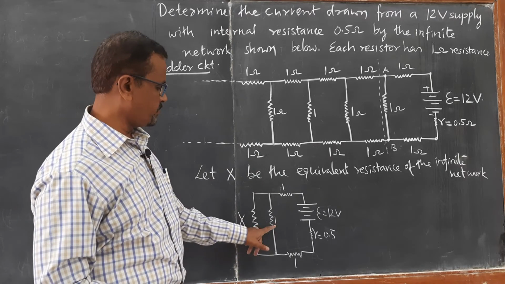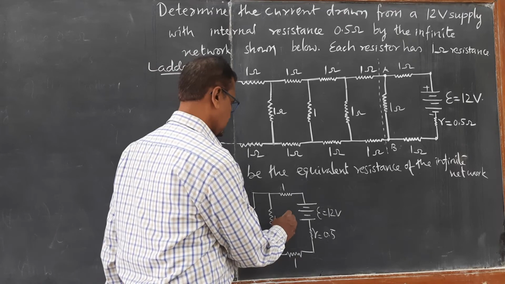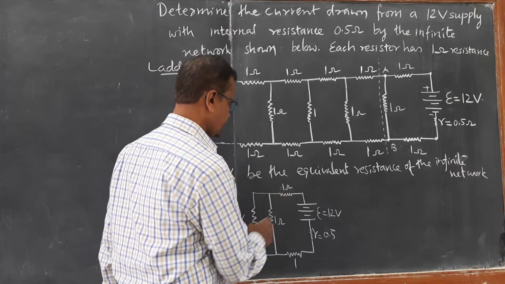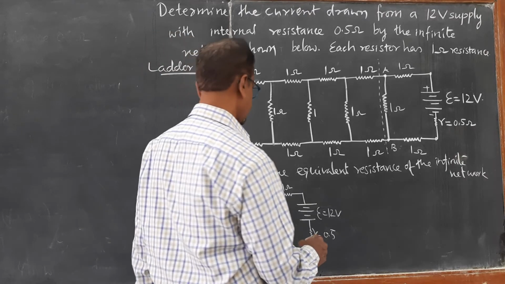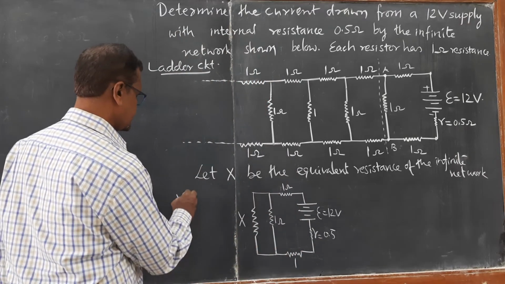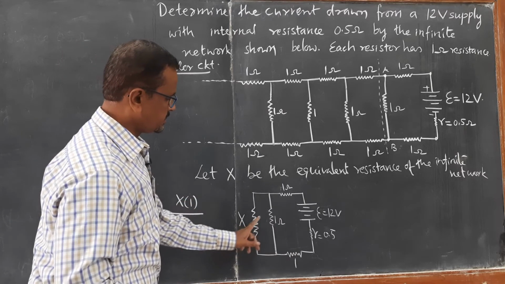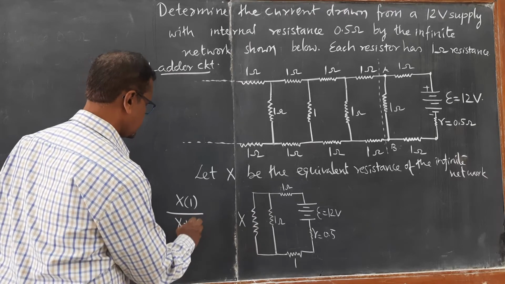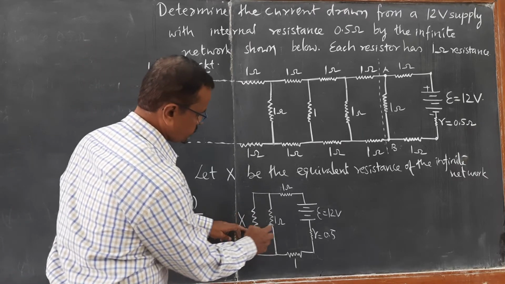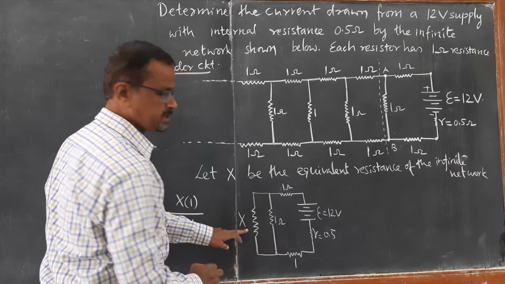Suppose X and 1 are taken like this. X ohm and 1 ohm are in parallel, so this can first be found as X into 1 divided by X plus 1, just like R1 R2 divided by R1 plus R2.